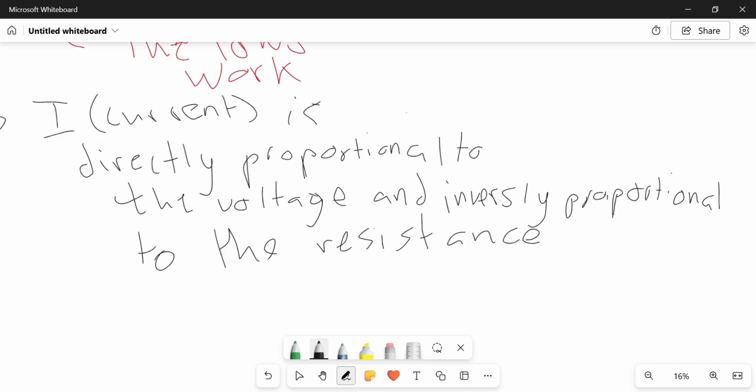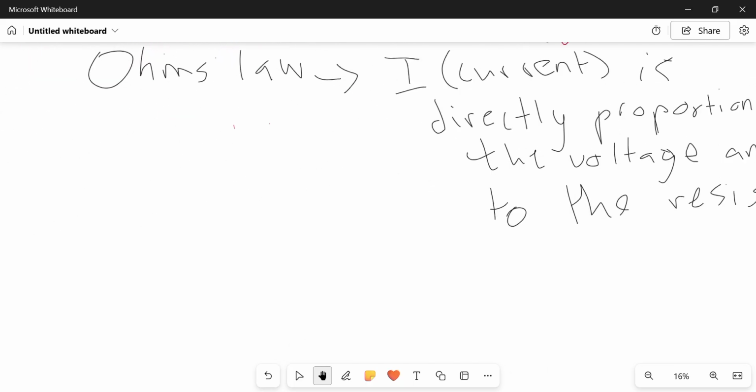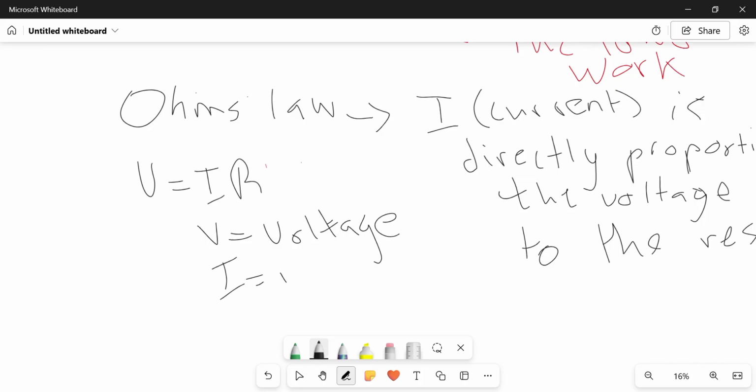So in simple terms, it can be explained by a formula which states that V equals I R, where V is the voltage, I is the current, and R is the resistance.